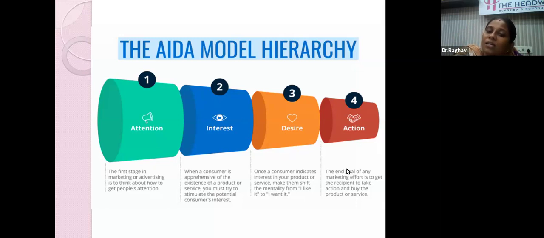So this is going to happen when you have some advertising materials. So what are your advertising materials? As an instructional designer, what are all your instructional advertising materials? Any idea?